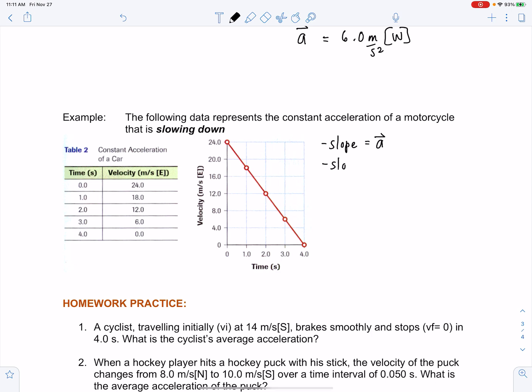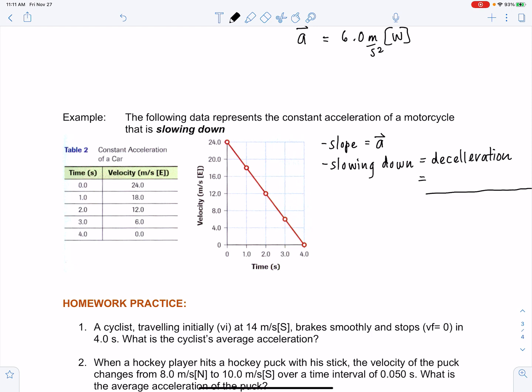We know it's slowing down. We call it deceleration. I'm also going to give it a different name, but I'll tell you what that different name is after we've done calculating the acceleration. So we'll pick any 2 points on the graph.